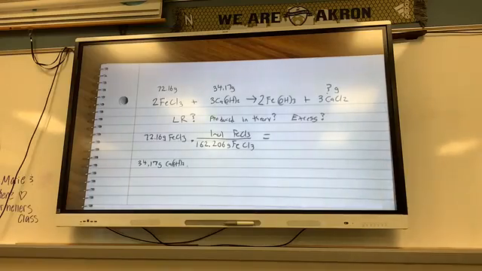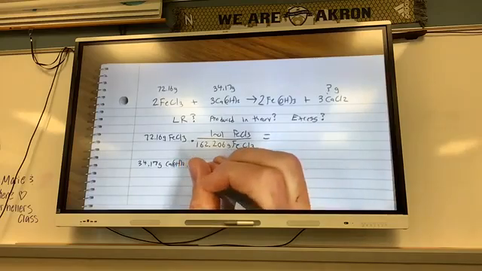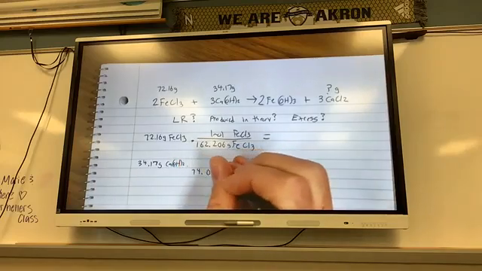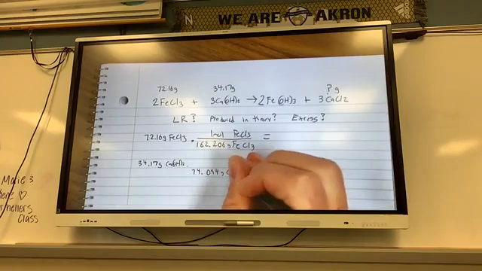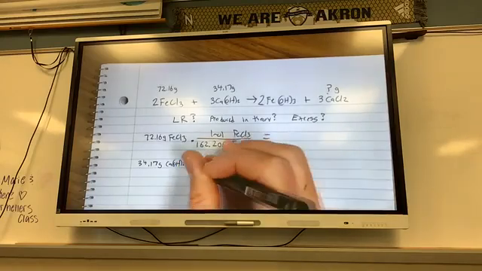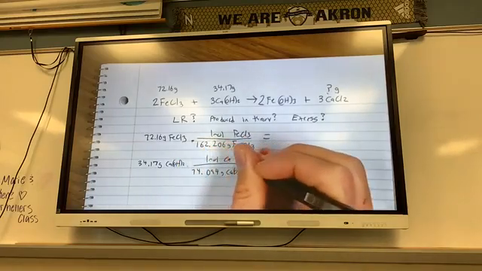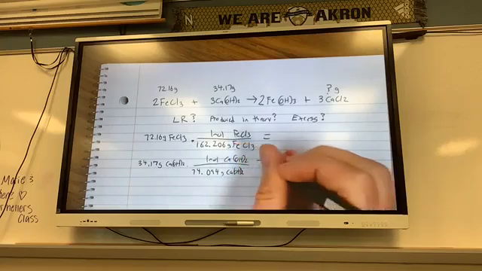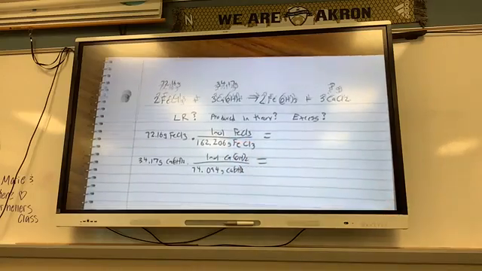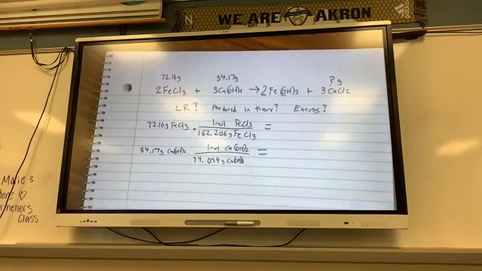CaOH2, what's the molar mass? 74.094 grams of CaOH2 in 1 mole of CaOH2. So take a pause and solve for moles of each of those.